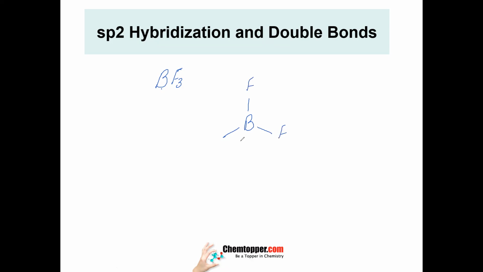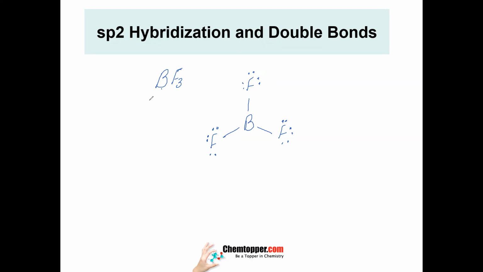Complete the octet of the fluorine. Check total valence electrons. Check how many are used, how many are left. Is there any lone pair on B? Yes, none. Very good. Now around B, how many groups are there?